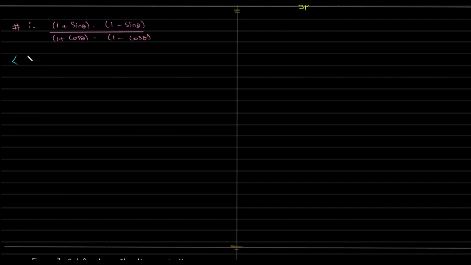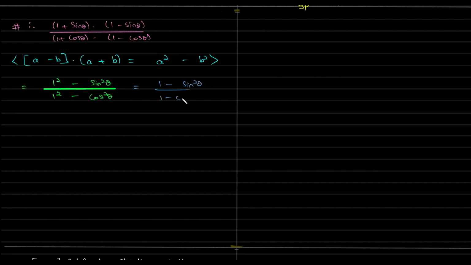It's in the form of an identity which you are familiar with: (a minus b)(a plus b), which leads to a square minus b square. So here you have a to be 1 and b to be sine theta. In the numerator, we have 1 square minus sine square theta divided by 1 square minus cos square theta. So this is nothing but 1 minus sine square theta divided by 1 minus cos square theta.